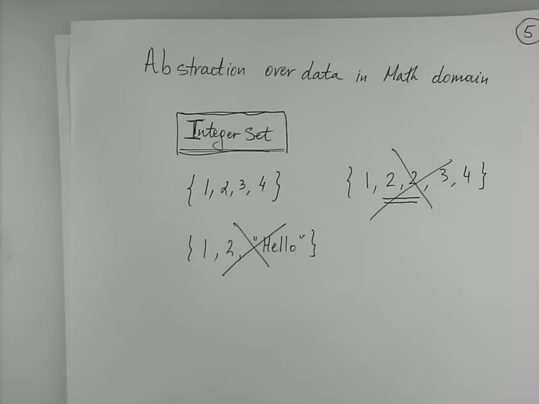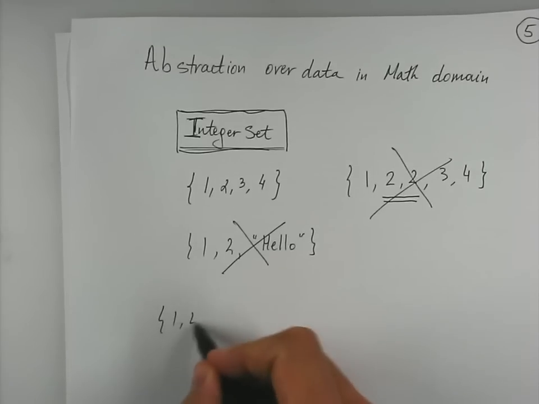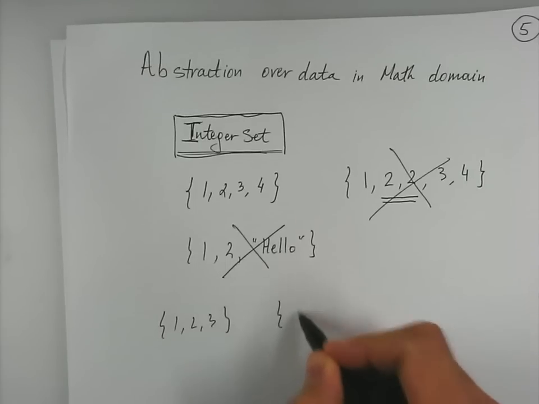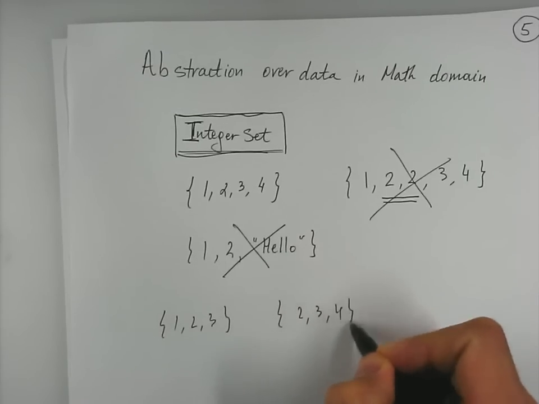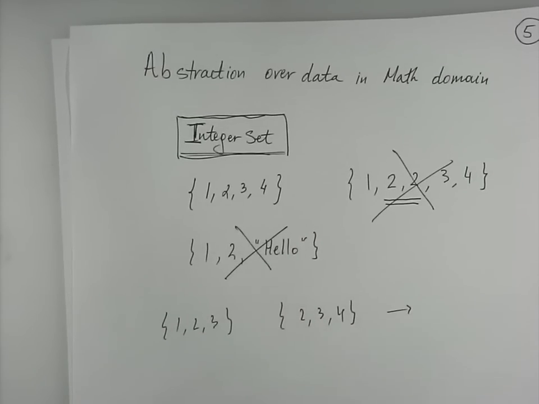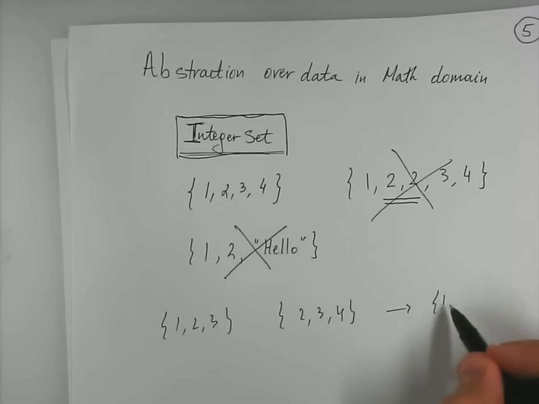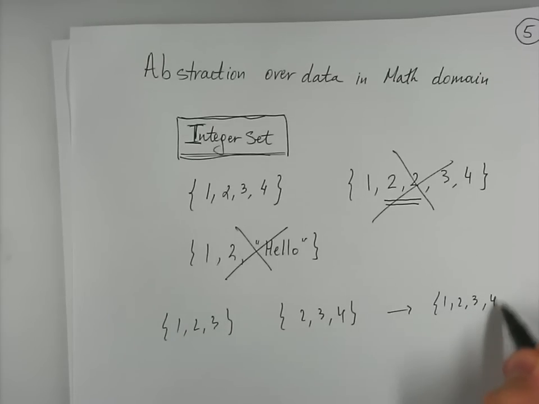Put two sets together into one. That's a really strange operation. If I have set 1, 2, 3, and another set 2, 3, 4, what happens if I append them? What do we call this operation on sets? Union, right? Combine two integer sets.